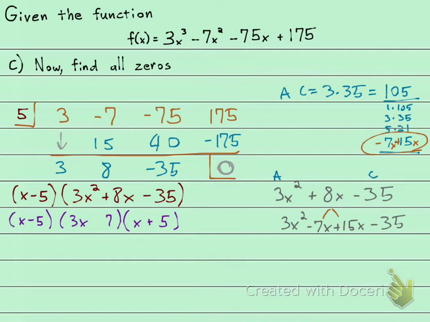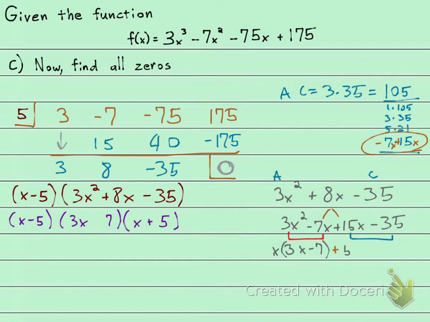I need to get my Spider-Man colors, take out an x out of the first group, and I'll be left with 3x minus 7. Take out 15 out of the second group. No, not 15. 15 doesn't go into both.